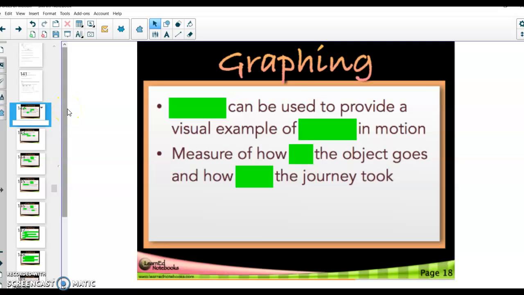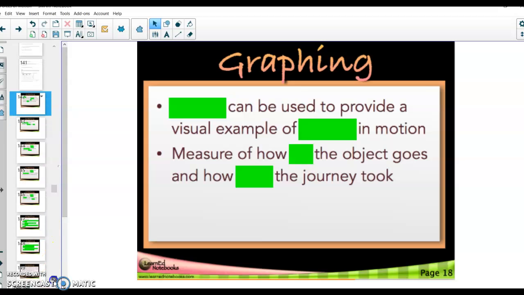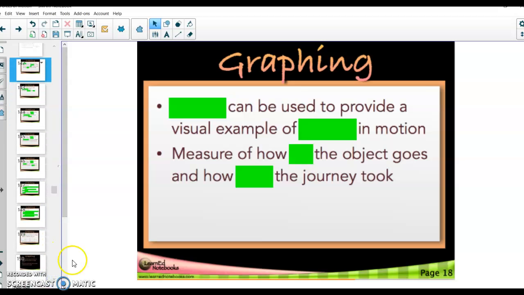All right, so please turn to page 18. Pause me as you need to. I'm trying to roll on so I can get this in on the right time. And you can see I have a few slides left. All right, page 18. Graphs can be used to provide a visual example of objects in motion.